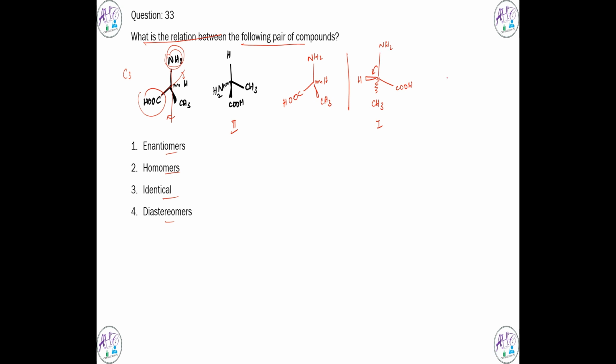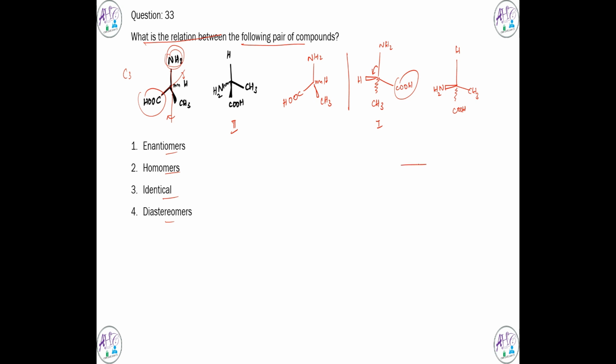So which means that now your NH2 will be in the top face, and this, okay, again this is a plane, so this will be in your bottom, and your planes, CH3 and H, okay.